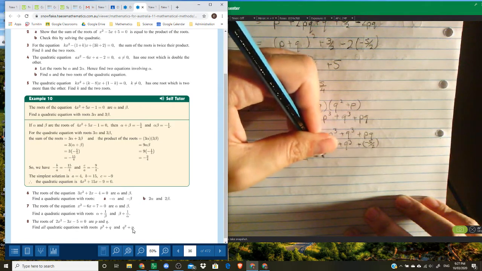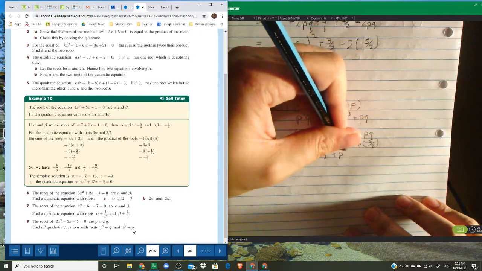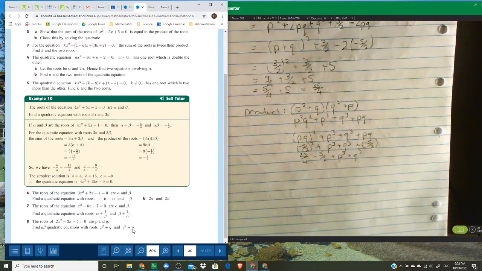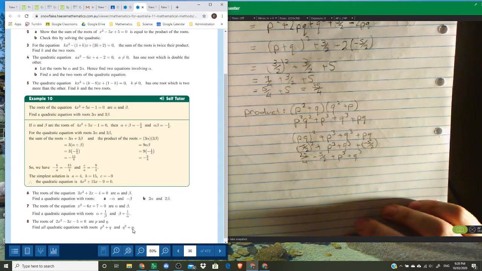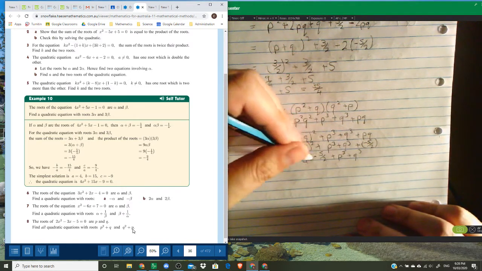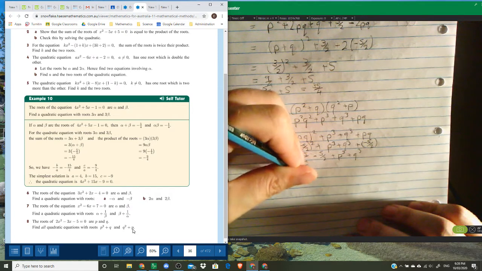Let's group that part up. Plus P cubed plus Q cubed. I don't know what to do with that. All right, but I can at least reduce this part down. 10 on 4, that's a 15 on 4.